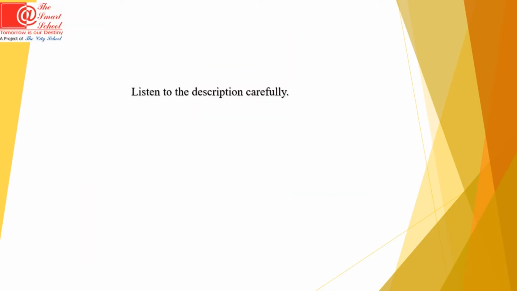Now listen to the description that I am about to read carefully. Ah, Venice, the beautiful Italian city that grew up on a cluster of 118 little islands over thousands of years. The many bridges and canals make Venice an amazing maze for the millions of tourists who visit each year.